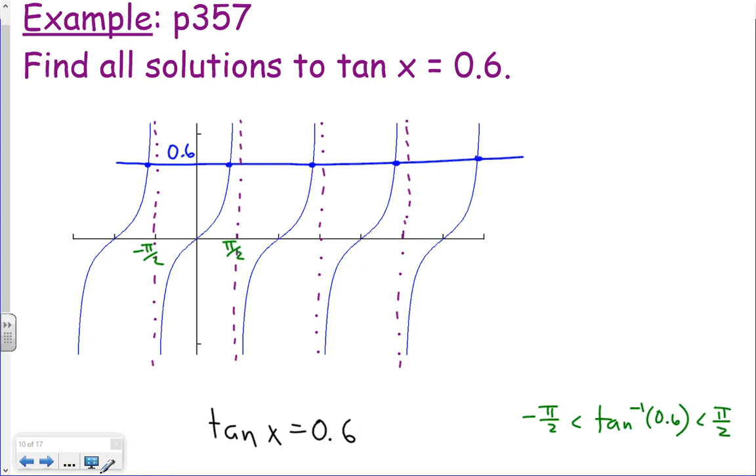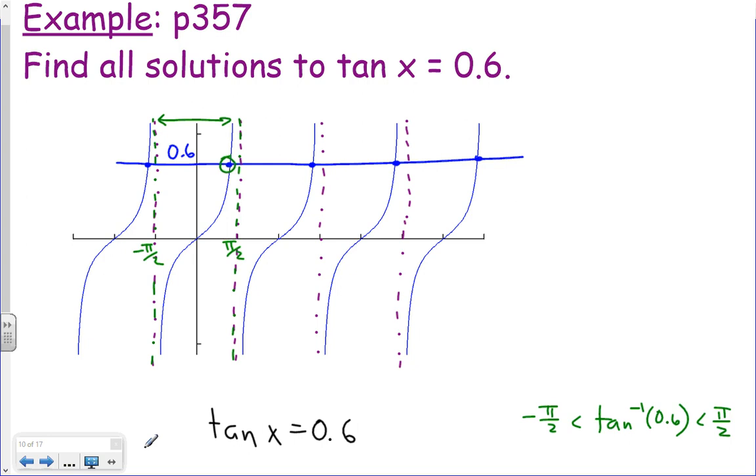Negative pi over 2 to positive pi over 2. So the solution that we're finding, we're guaranteed is somewhere between here and here, when I find tangent inverse. And again, which solution is that? Well, again, there's only one there, so it's pretty obvious which one it is that we're finding. It's this one. Tangent inverse is going to give us that one solution there.